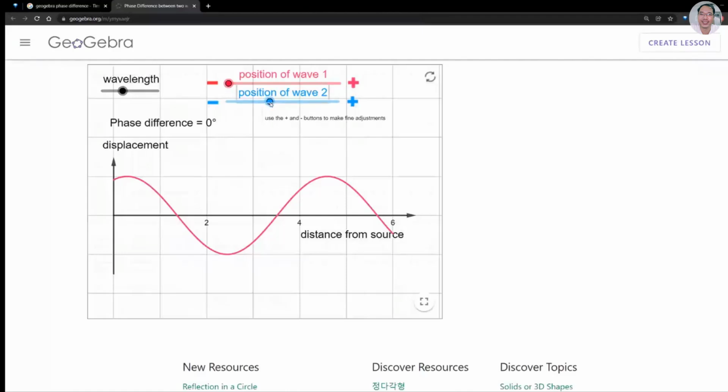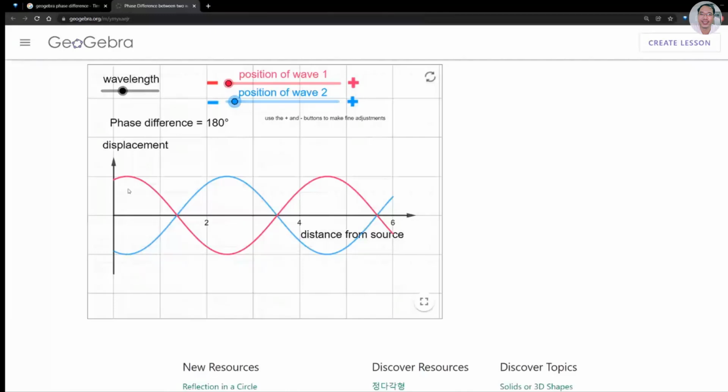But if the second wave is emitted like this, wait, let me change its state. Like this, meaning when the first wave, red, is at the top, the second wave is at the bottom.